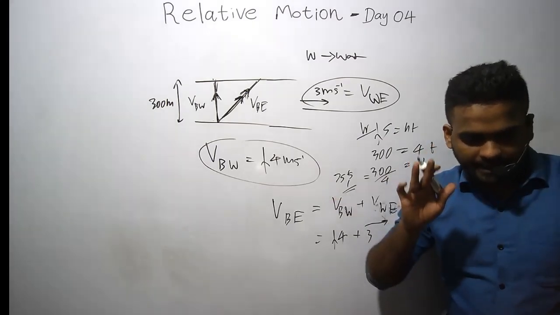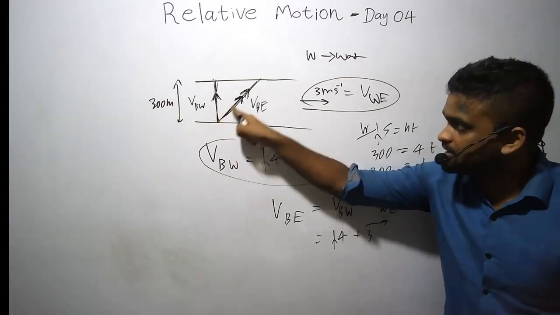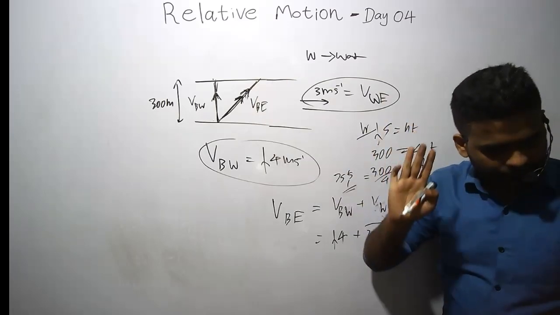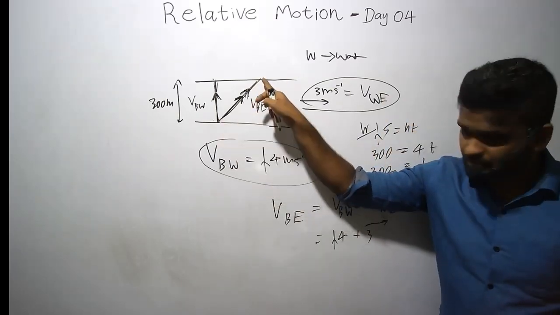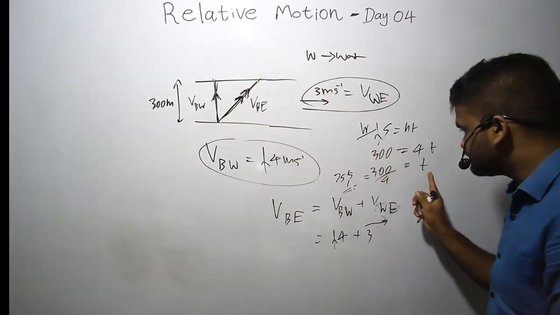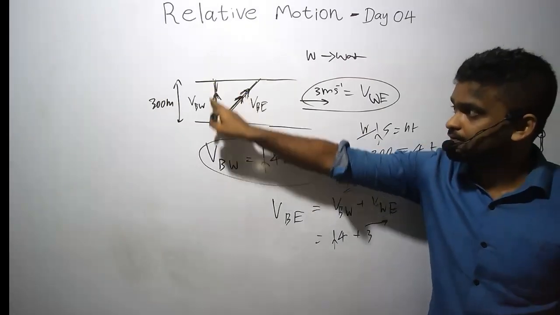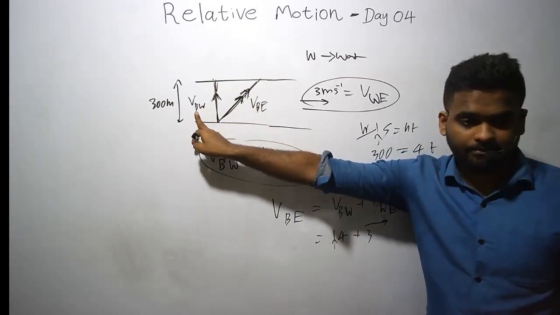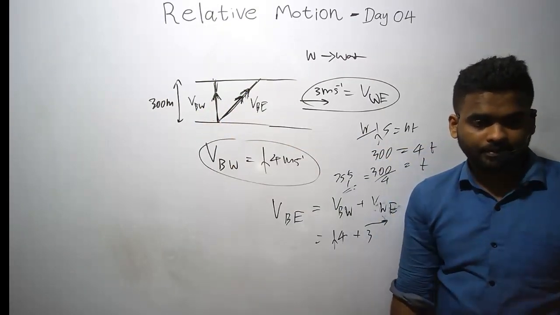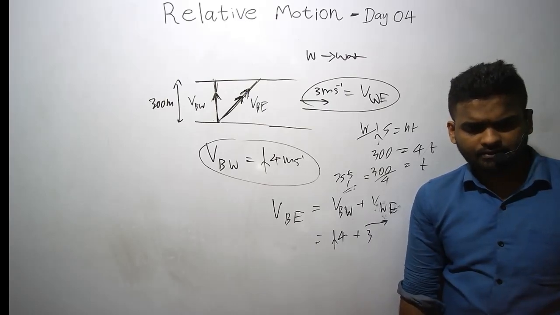In order to find the time, you don't have to think about this. You can find the time going through this as well, but to find the time, you can think about sitting on W's frame, water's frame. Did you get 75?